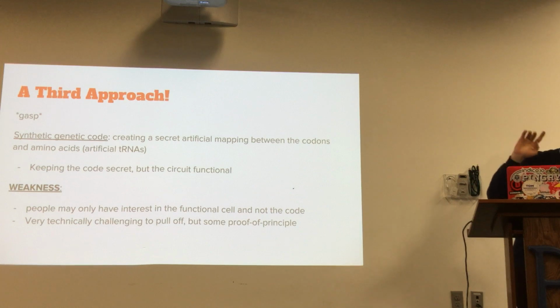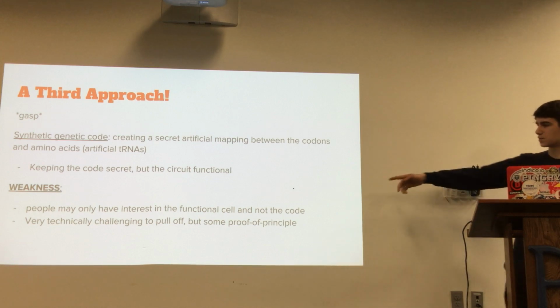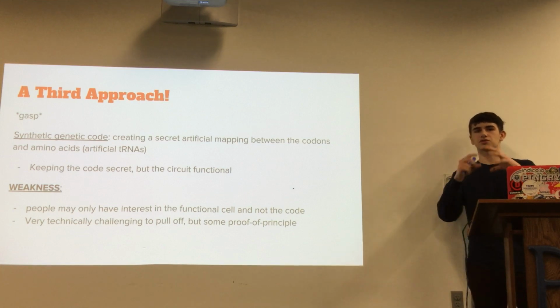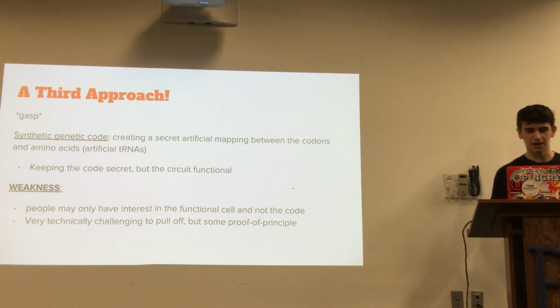And the reason they didn't actually do any experiments in the paper was because it's still in the making, this process, and it's pretty complicated. But some proof of principles have been done, and yeah, it's very challenging to pull off. And also, people may only have interest in the functional cell itself and not the actual code. It means you could just replicate that cell and have it, which is a sort of problem with this, or it's a different strategy, I would say.